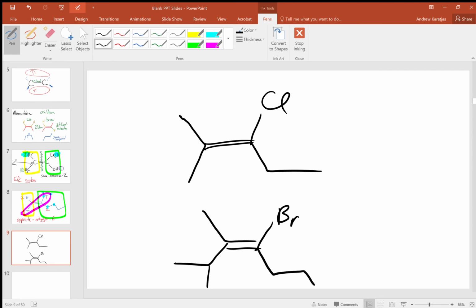So perhaps at this point, maybe pause the video for a couple minutes and try and determine E or Z for the two alkenes I've drawn here.